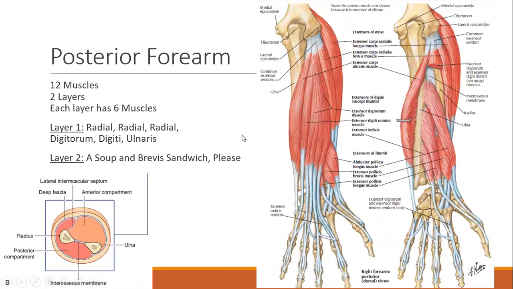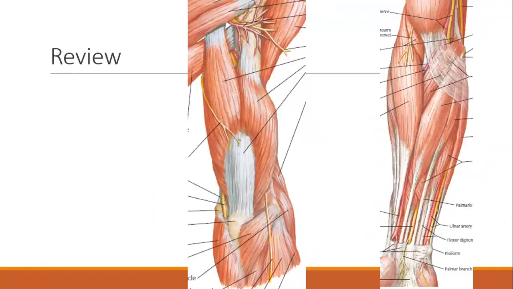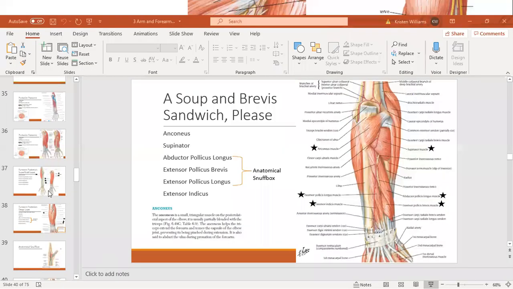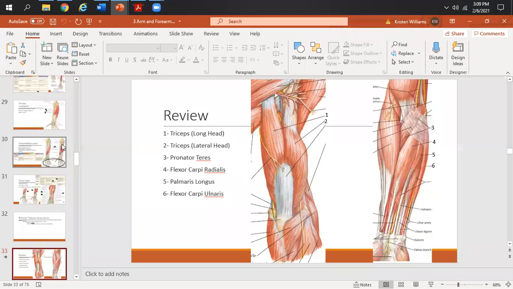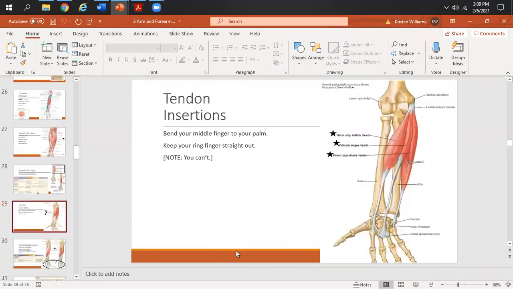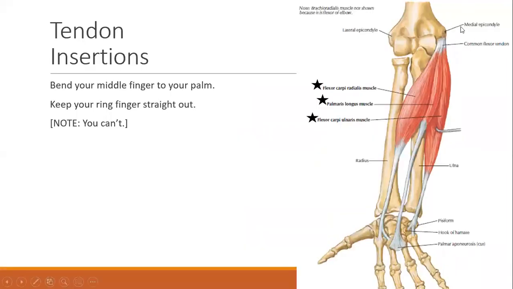That's the one that's going to get irritated with tennis elbow, versus for your flexors, it's going to be the common flexor tendon, which you can see here. So common flexor tendon is golfer's elbow, common extensor tendon is tennis elbow, and that's going to be the point of pain, where the irritation and inflammation is going to be the worst for the patient.